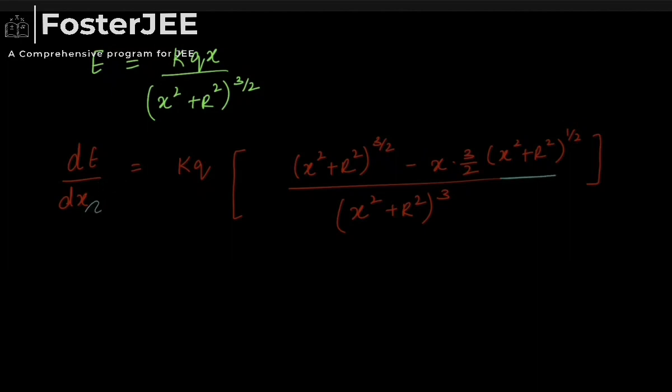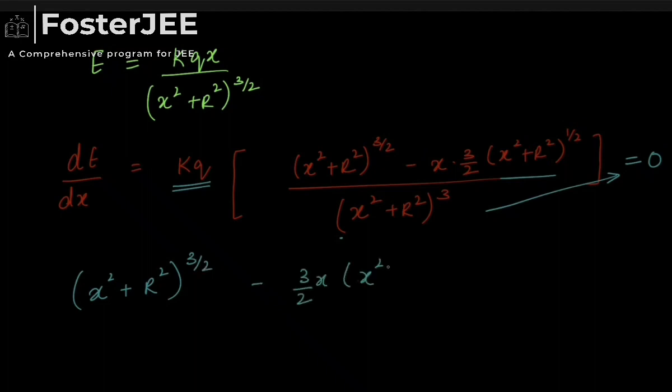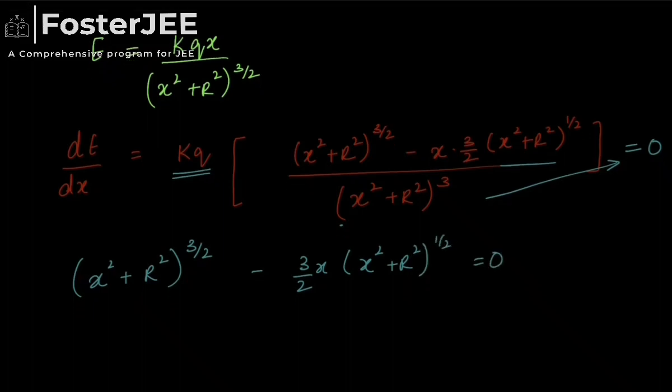Now we have to set this value to 0. Hence we can see this becomes 0 and this one also becomes 0. Now we are left with x square plus r square power 3 upon 2 minus 3 upon 2 x into x square plus r square power 1 upon 2 is equal to 0.